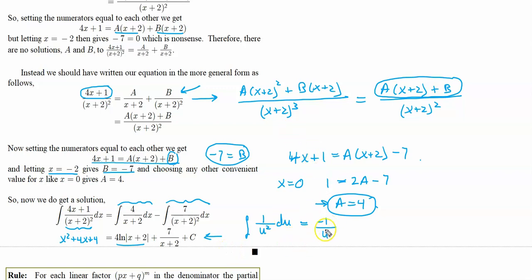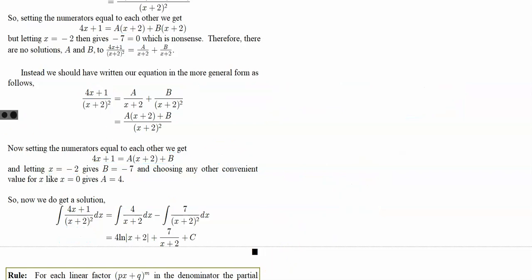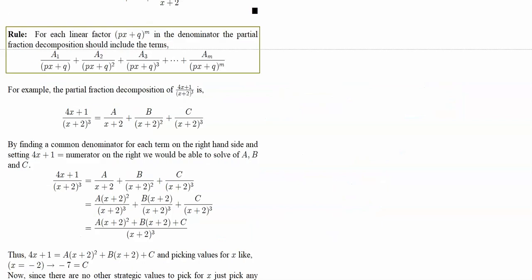So the previous two examples now give us a general procedure that we can follow when our denominator factors into linear terms, and that's what we have down here. Now here's a general rule we can follow.